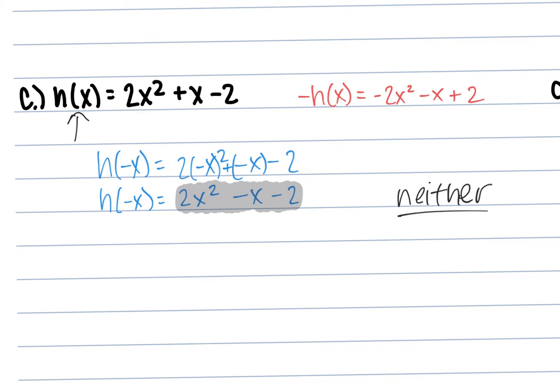Yeah, Isa? Wait, why is it 2x squared? Wouldn't it just be x, like on the second one? No, but there's a 2 in front of it, right? So negative x times negative x will give me... I'm saying, wouldn't it just be x without it being squared? No. Why? Because it's negative x times negative x, which will give you a positive x times positive x.